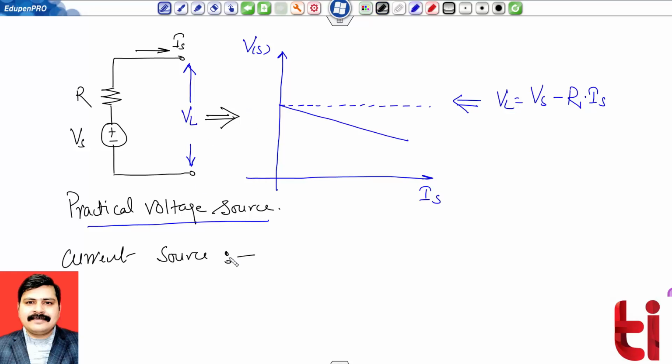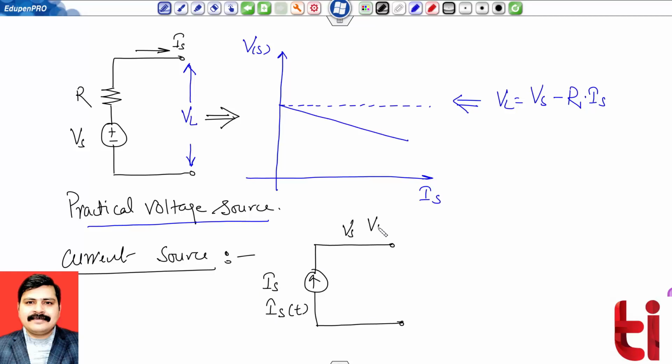The ideal current source will have a source current, suppose a value of Is, or I am representing it as Is of time. So both will be there.